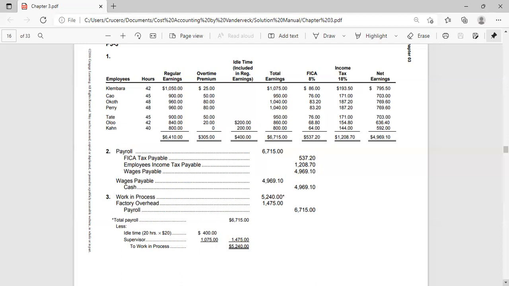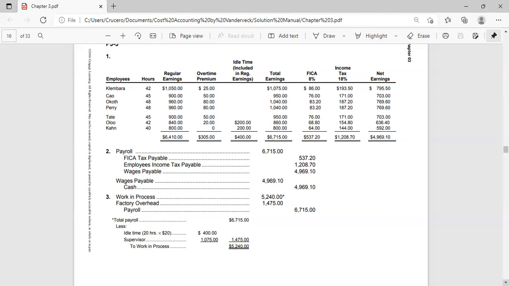So you can see how we have now the 1,475. That's the amount of indirect labor, paid to supervisor 1,075, and the idle time of 400. And we deduct this from the payroll.